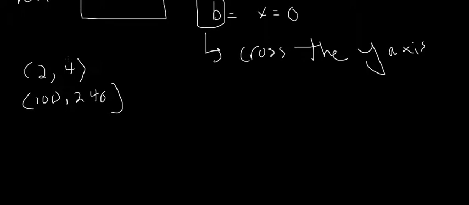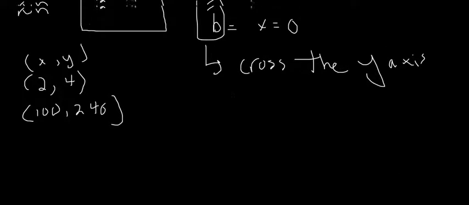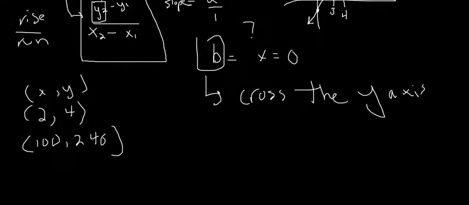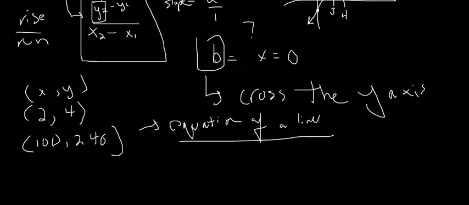Say this is my x, this is my y coordinate. So how would you find the slope first? These are my coordinates, and I have to come up with the equation of a line. How would I do that?